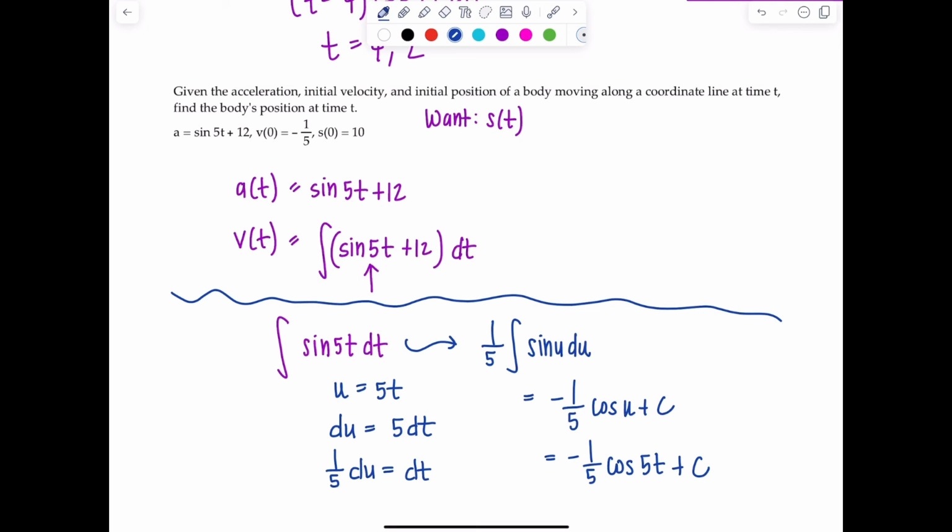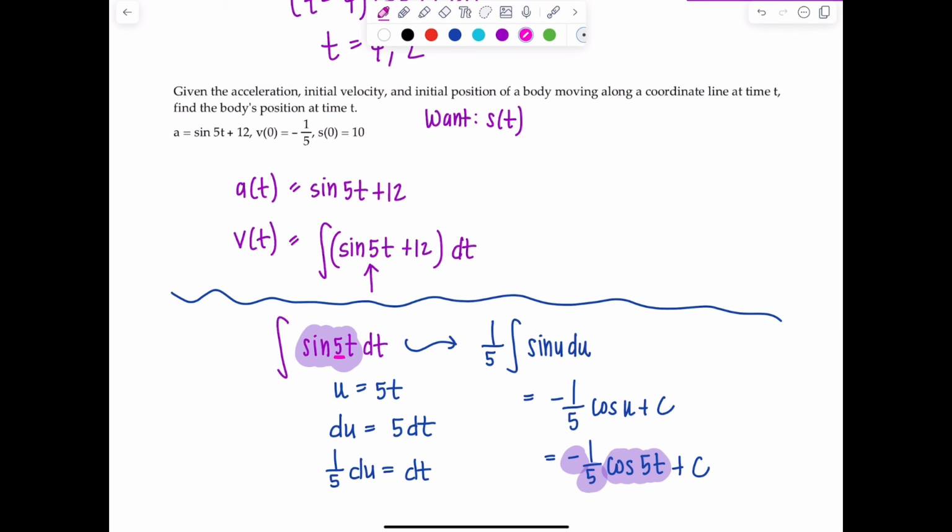Now I want you to notice something that's going to save you so much time. Antiderivative of sine 5t is negative cosine 5t, and then I divided by 5, right? Because notice I have that constant 5 in front of t, and we're basically undoing what happens when we multiply by 5 and take the derivative using the chain rule.